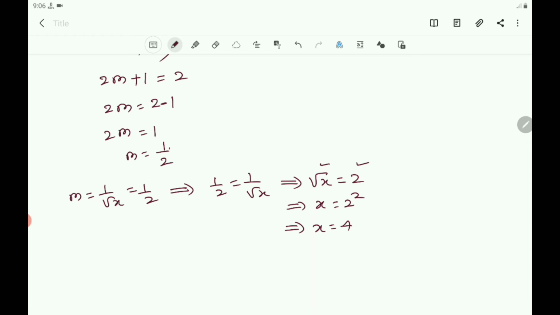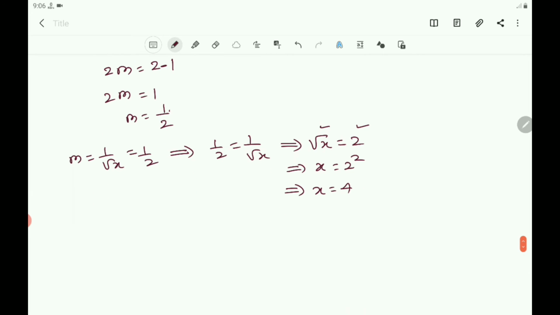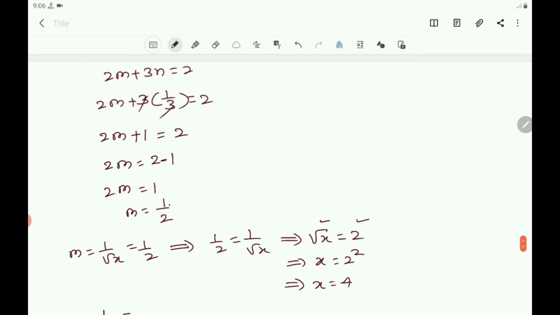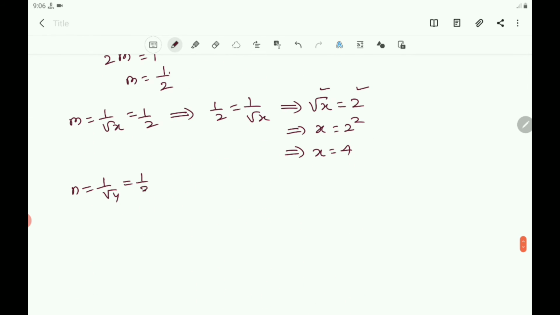Next you take n equals 1 by root y. You got the n value as 1 by 3, so 1 by 3 is equal to 1 by root y. Do the cross multiplication, that is root y is equal to 3.